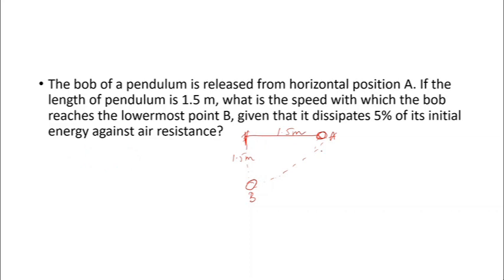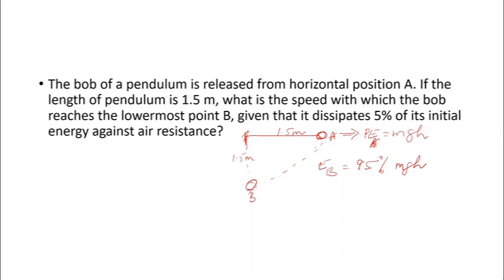So when it is at this height A, it possesses potential energy, which is equal to mgh. So energy lost is 5%. That means when it reaches B, the energy at B is equal to only 95% of its mgh, because 5% of it is already dissipated.